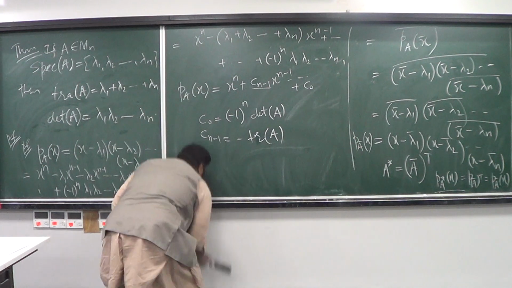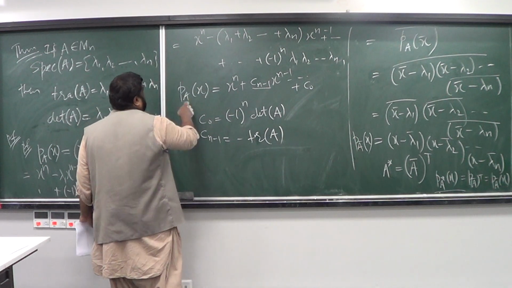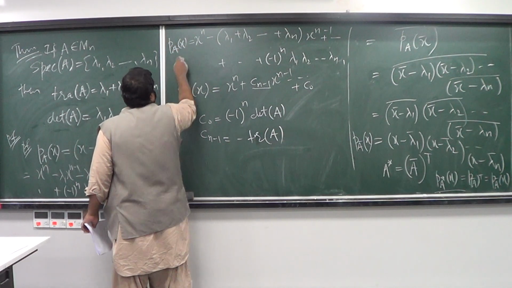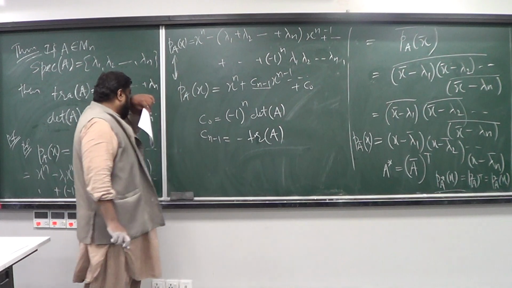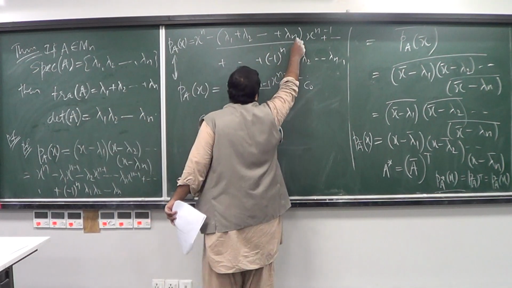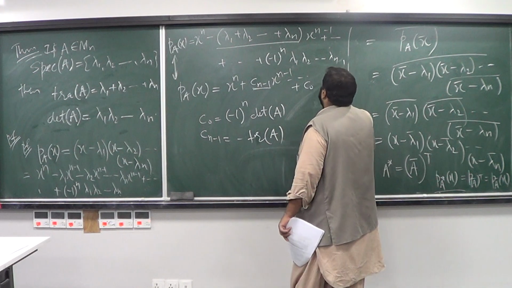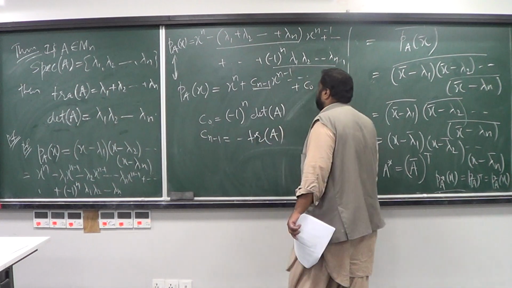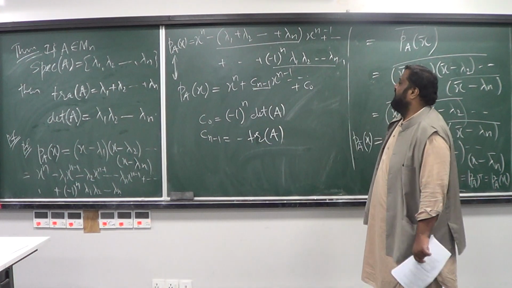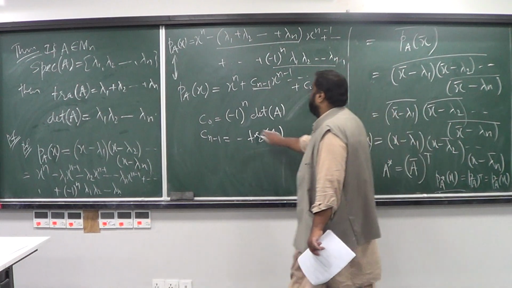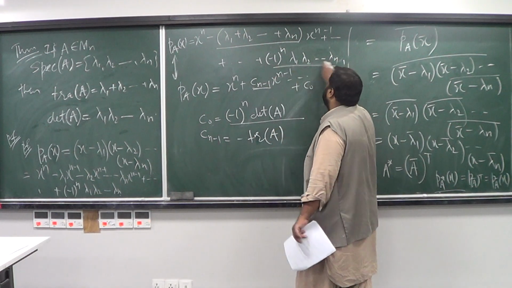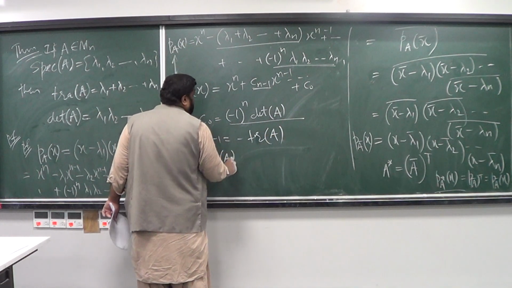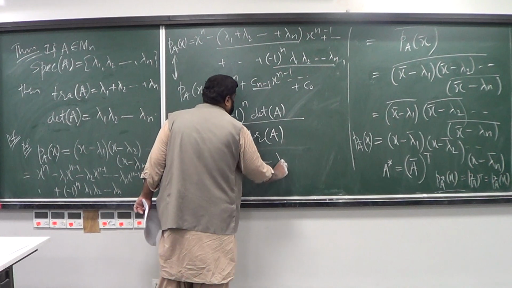Now if these both polynomials are representing the same thing, that means this coefficient should be c n minus 1 and this term should be c naught. So what does this show? If I compare this term with this term, it means that the determinant of A is lambda 1 up to lambda n.